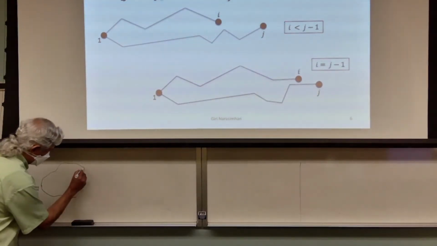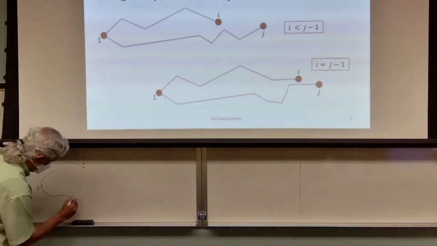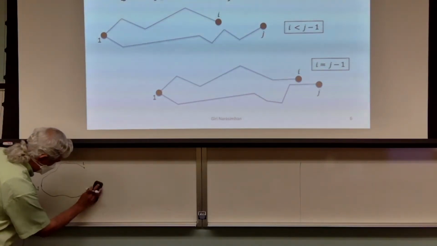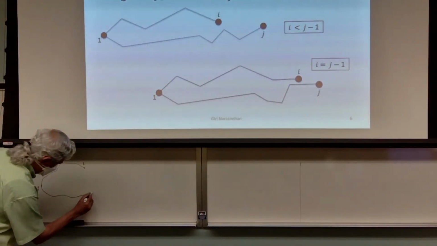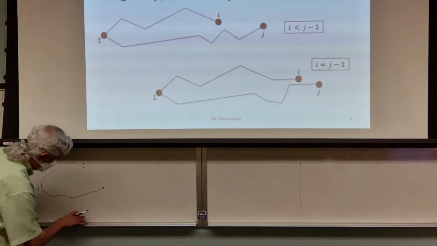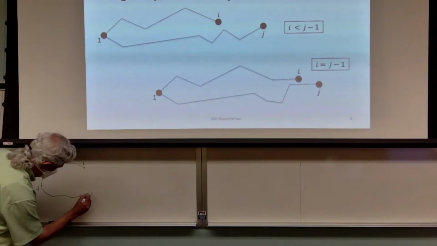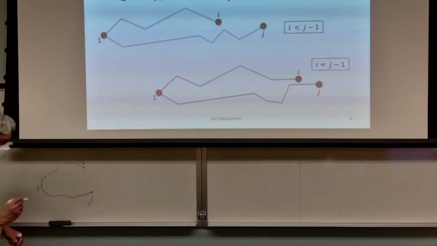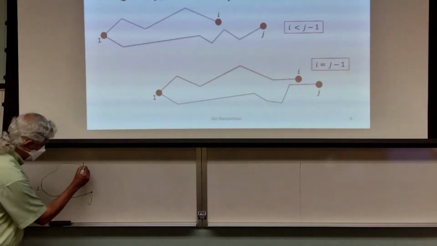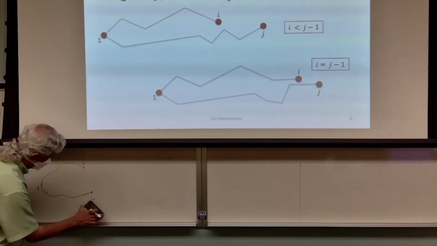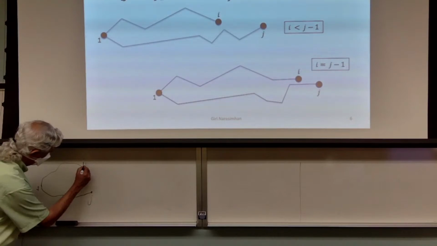Here is i, and here is j. Here's j, and i equals j minus 1.